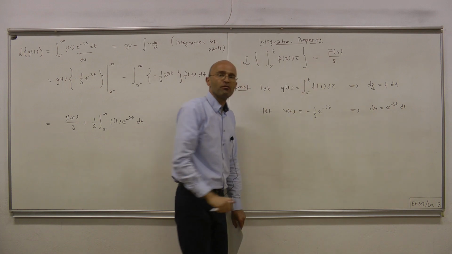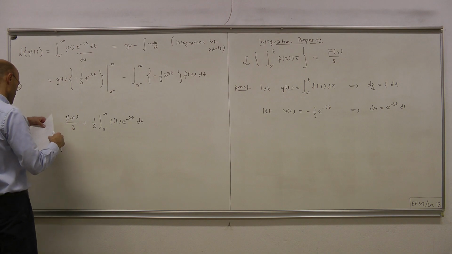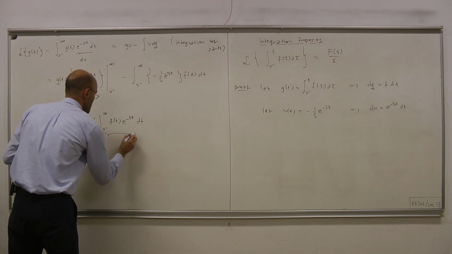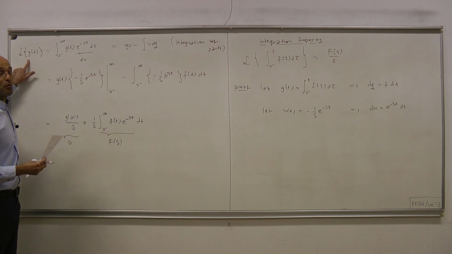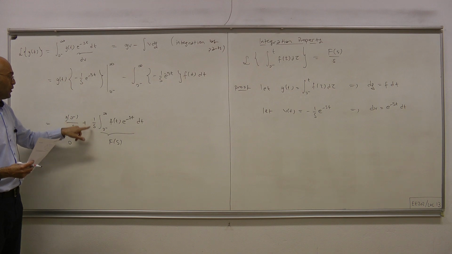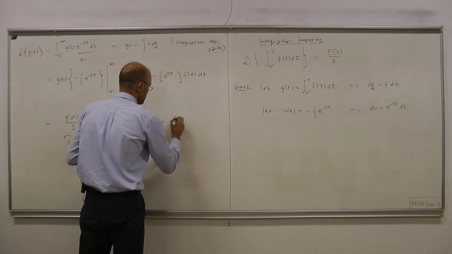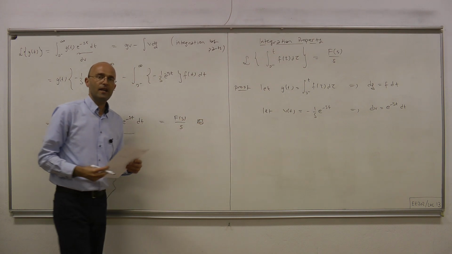Therefore, independent of the integrand, the result is 0. So this is 0, and this here is F of s. Therefore, the Laplace transform of the integral of f of t is 1 over s times F of s. And that's the end of the proof.